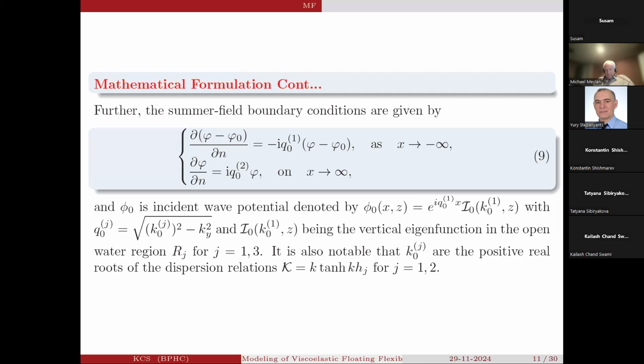Open water region means the left hand region and the right hand region, not the middle one. Also, k0j is the positive real root of the dispersion relation K = k tanh(k hj), for j equal to 1 and 2, meaning the left hand water depth and the right hand water depth.